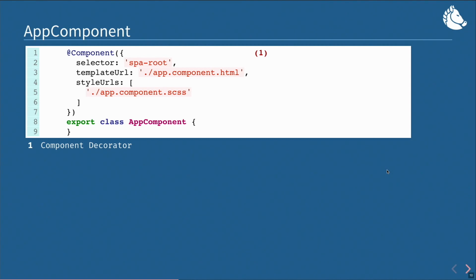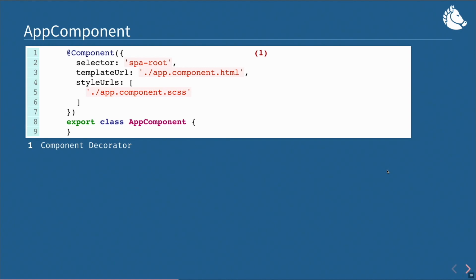And it's prefixed here; the linter by default wants you to prefix your name with app, but fortunately that's configurable, so I changed mine to spa.